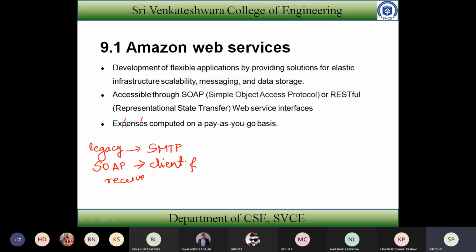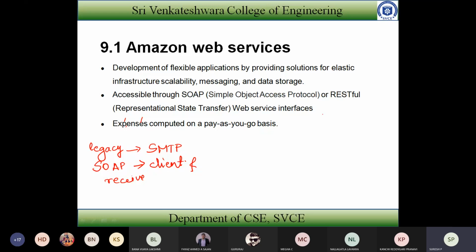Next comes REST. This is important when you're dealing with cloud services. REST is representational state transfer. These are the two different web services you're going to have. What is REST going to provide?